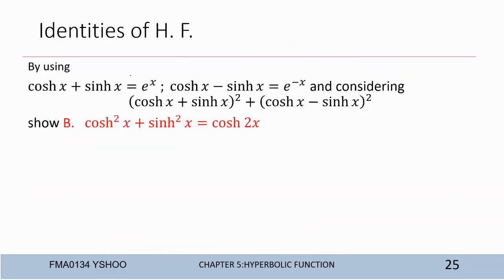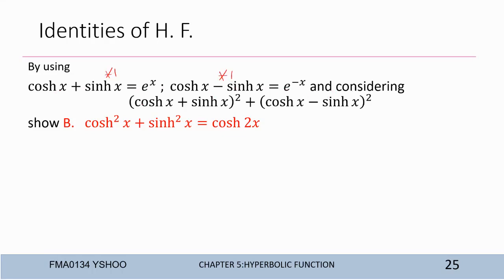Now the second one: they give you a clue, using what we have from star 1, cosh x plus sinh x equals e^x, and cosh x minus sinh x, which is our star 2.